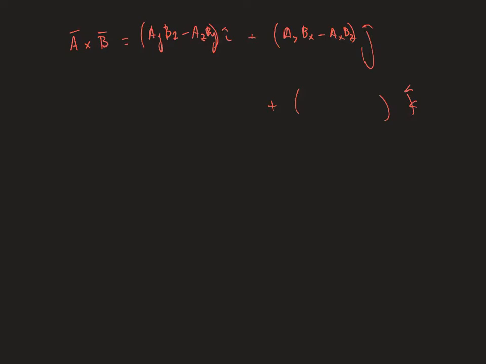I will tell you a trick how I imagine this, but you can see that you can make a pattern recognition. Look here. The i term will not involve any x component, any Ax. So you go to the next of the x component, which is AyBz minus AzBy. The j term will not involve any Ay or By component.